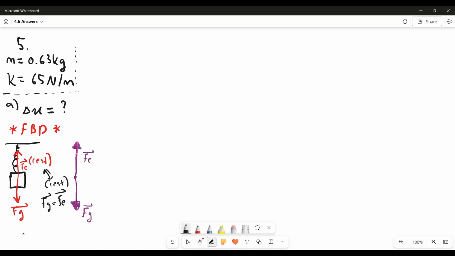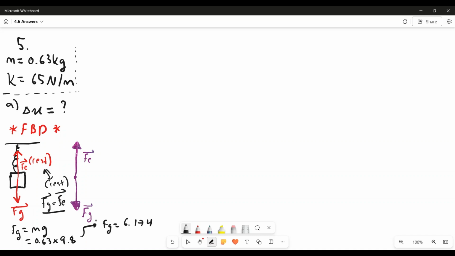And if we were to find Fg, let's find Fg. So Fg is equal to mg, so mass times gravity. The mass in this case is 0.63 times 9.8. If you plug that into your calculator, your force of gravity should be 6.174.